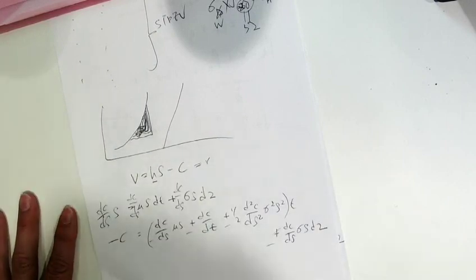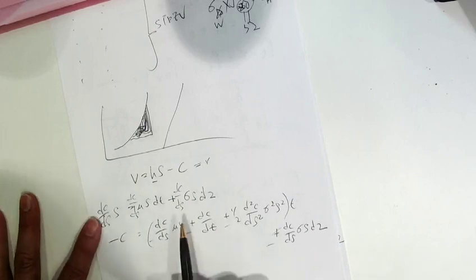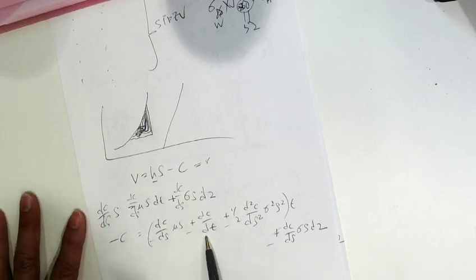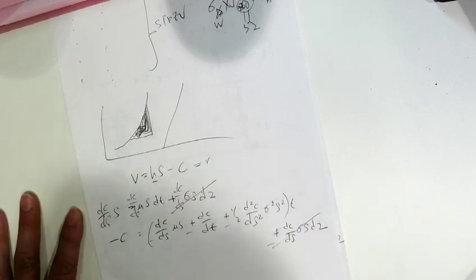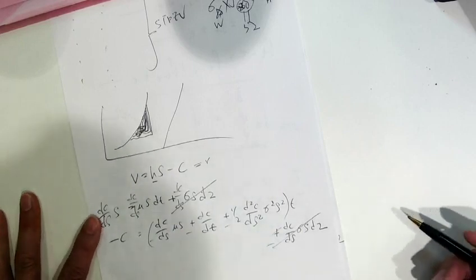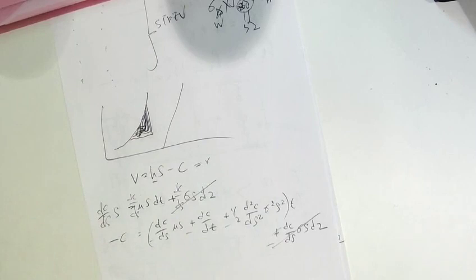Agree? Now, if your portfolio comprises this plus this, then this cancels this, right? And what else cancels?